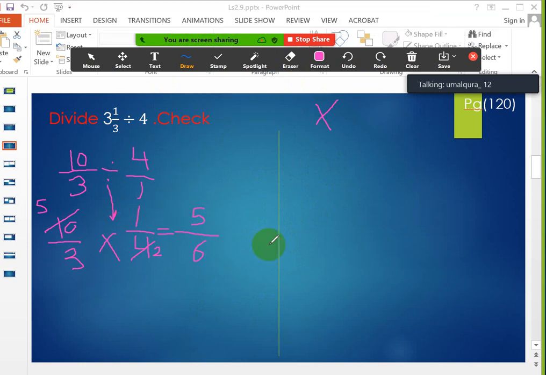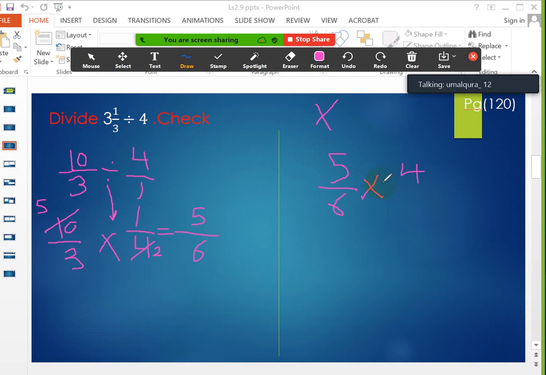To check your answer you have to multiply the quotient with the divisor, as we learned. So I will multiply the quotient, which is here 5 over 6, with the what? With the divisor. If the answer equals the dividend, that means my answer is correct. If it's not, that means the quotient is not correct.